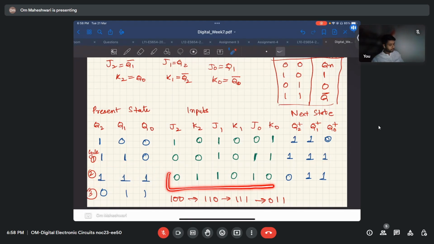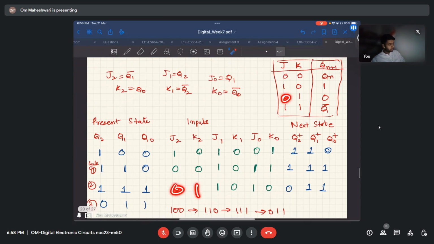Now for this we again find these with these equations. Then again 01 is 0, and this is 1. This is our final. 011 is the final.